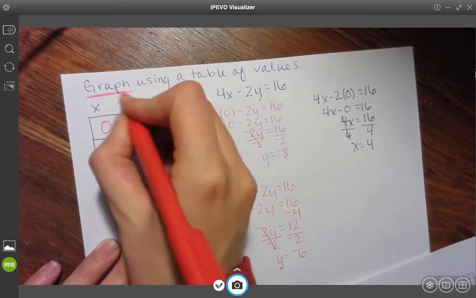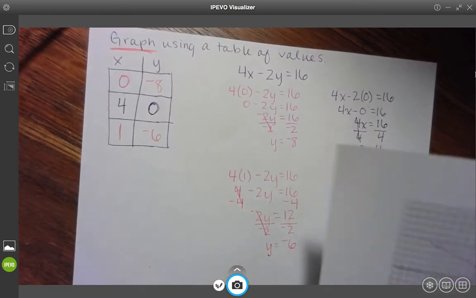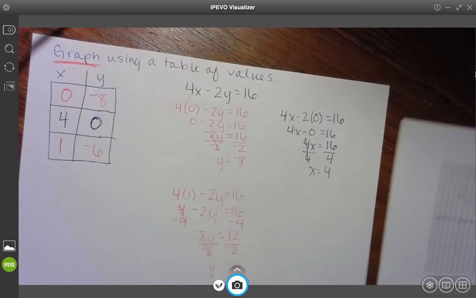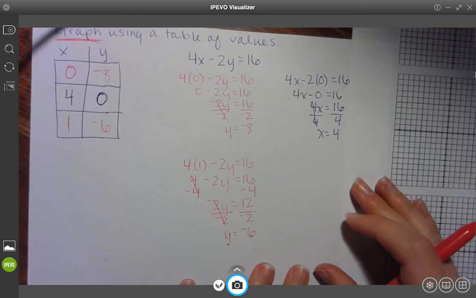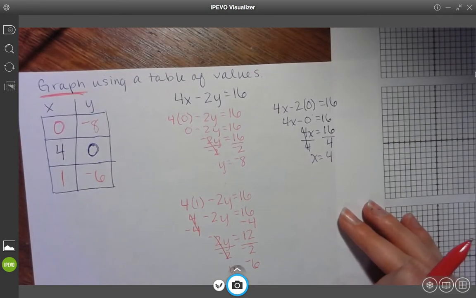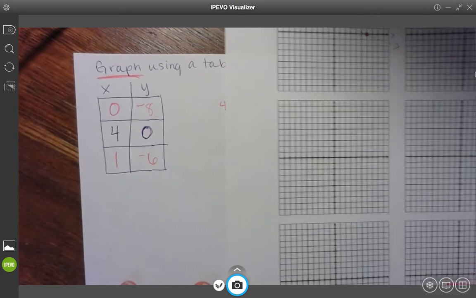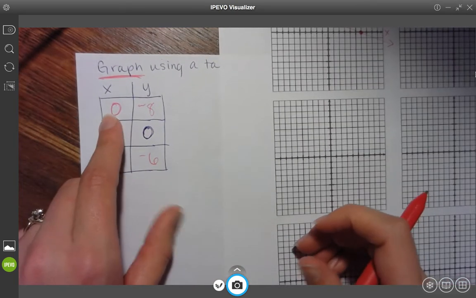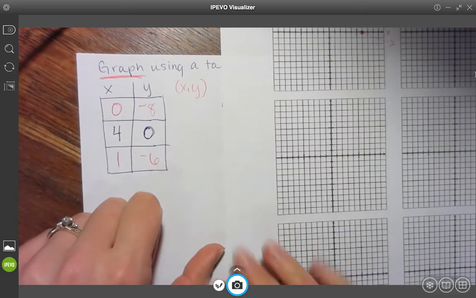Now I have to graph it. So I'm going to go right here. Let's see. I'll go the next one down. All right. So you might be thinking, well, we don't have any points right now. We do have points though. Okay. So what we have for points, remember a point is an x, y value.